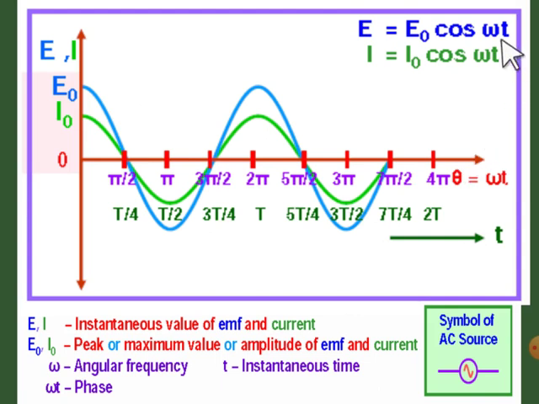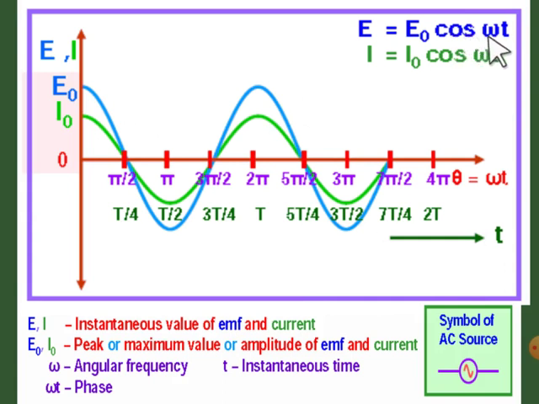When omega t, the phase omega t, is equal to twice pi, or theta equal to 360 degrees, or at a time equal to the time period capital T, then cosine of omega t will be equal to +1.